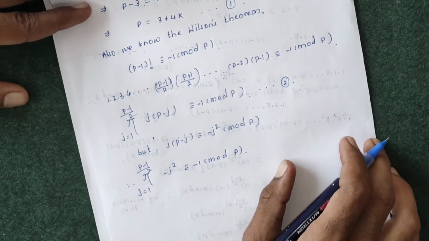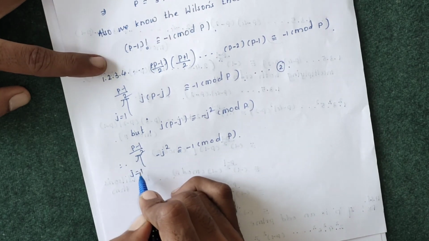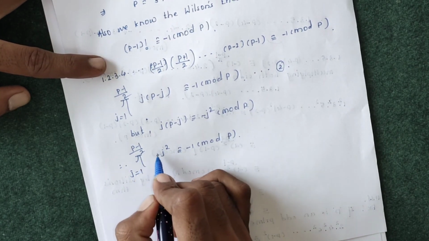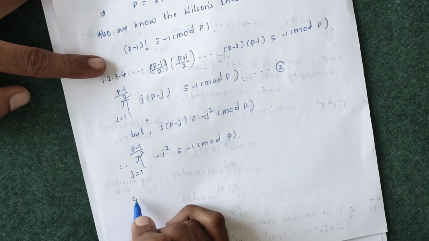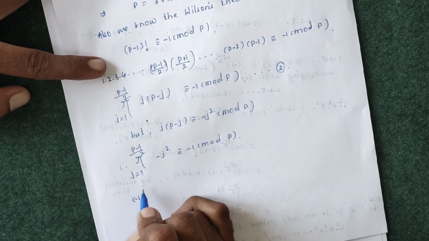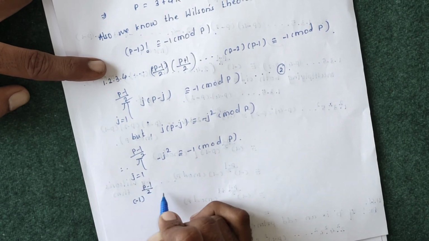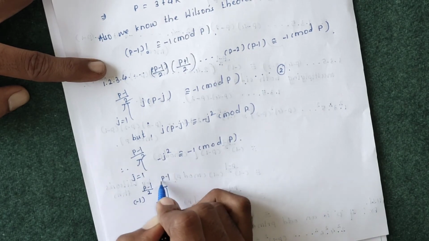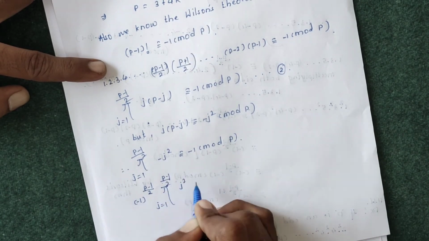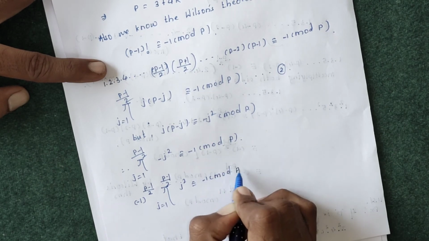So, in minus j square, running this product from 1 to (p minus 1)/2, we get the minus sign exactly (p minus 1)/2 times. So, we can take the minus sign common. So, minus 1 raised to the power (p minus 1)/2 taken common, we can write the product over j from 1 to (p minus 1)/2 of j square, which is congruent to minus 1 modulo p.